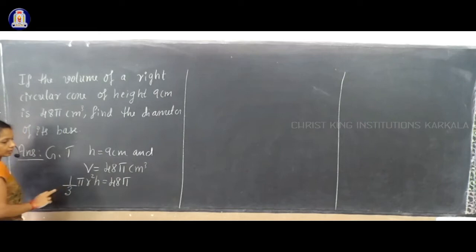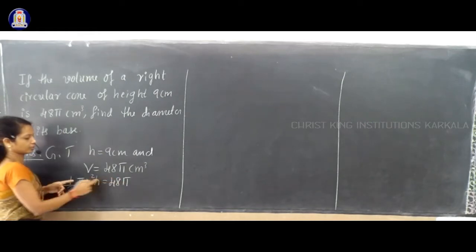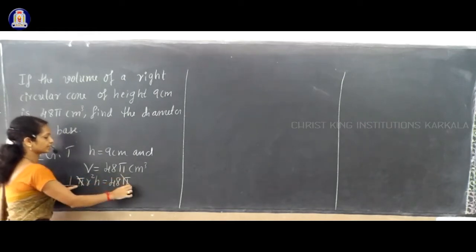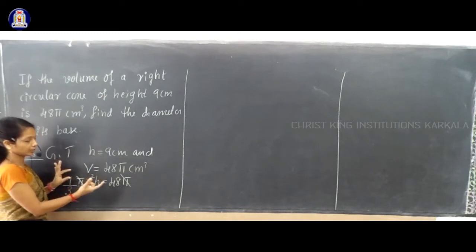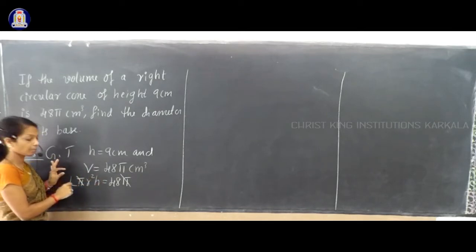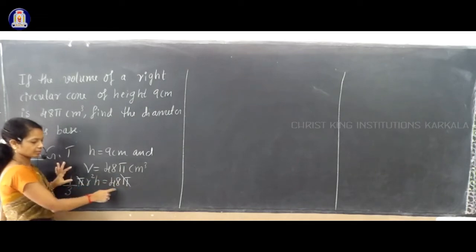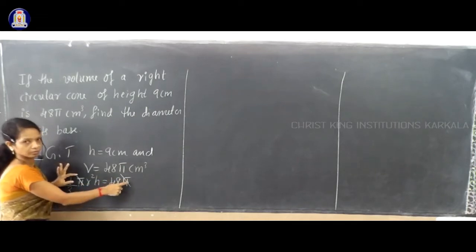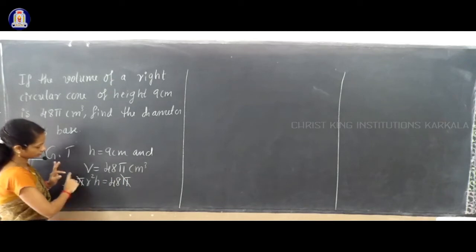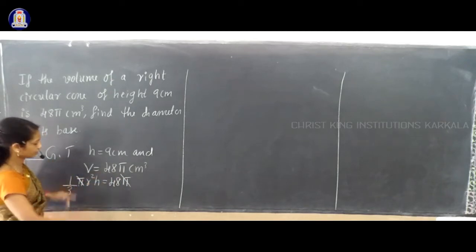And here since you have pi on both sides, you can cancel that, because if you take any one pi to another side, that will go as a divide form. If you take for example this pi to another side, that cancels with this pi. Okay, so that we cancel here itself.